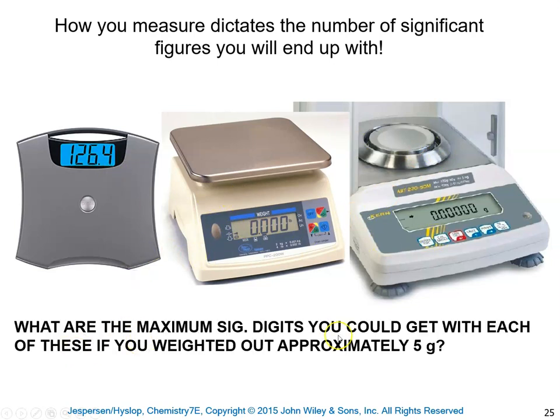So what are the maximum significant digits you could get with each of these if you're going to weigh out approximately 5 grams? If we only are measuring 5 grams, we're not going to get the 4 digits on here. We're actually going to get 5.0, and so this would have 2 significant digits.